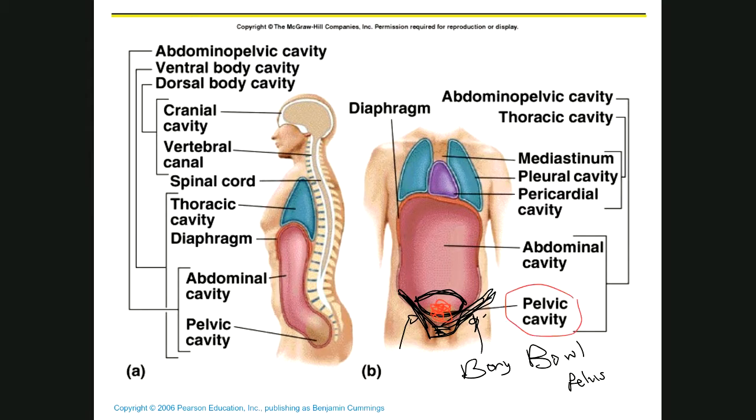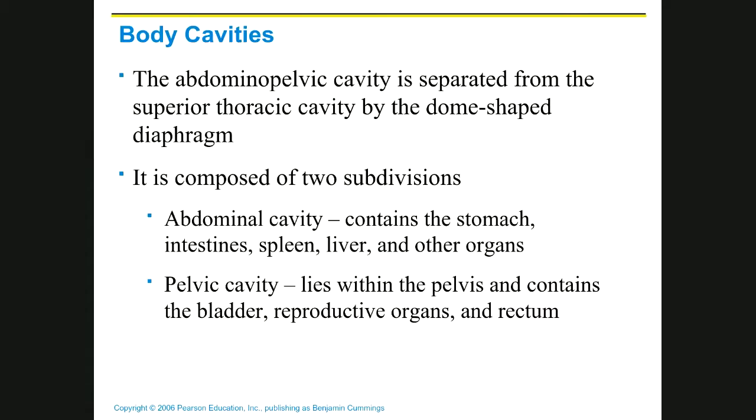If you're not inside the bony bowl, but you're part of this abdominopelvic cavity, you're in the abdominal cavity. So just like these others, we're going to subdivide it. So we subdivide this abdominopelvic into the pelvic and the abdominal.